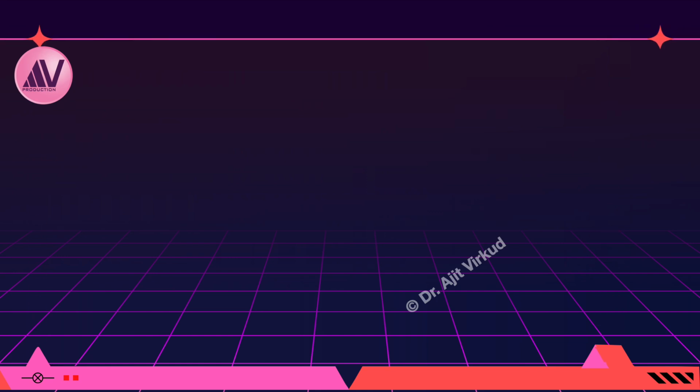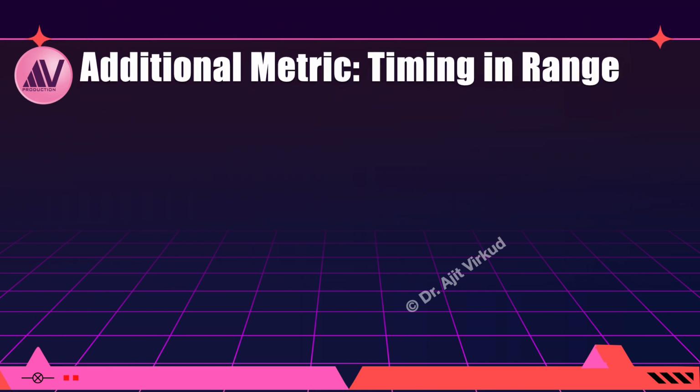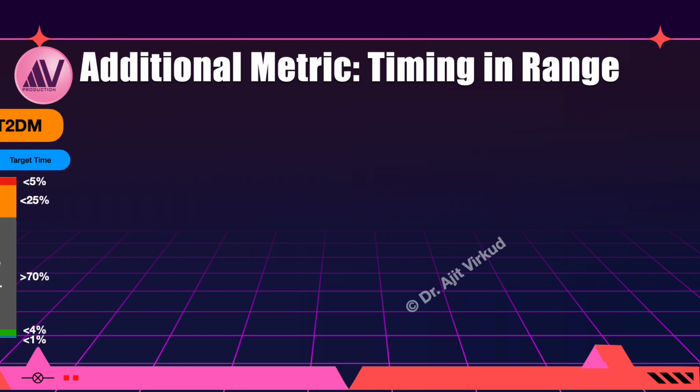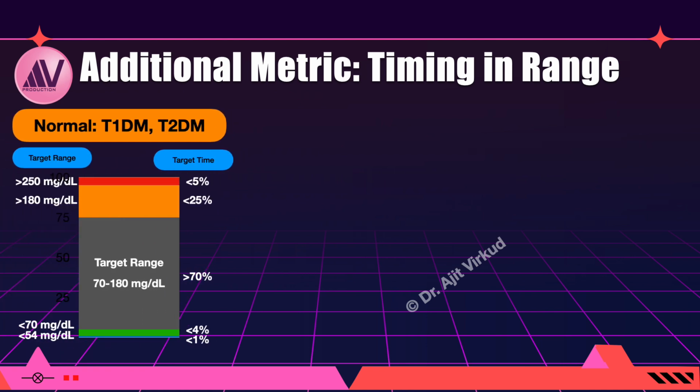Besides the traditional targets, ADA has now added one more metric of time in range that stands for assessing glycemic variability. It is identified from continuous glucose monitoring. It is calculated as for what percentage of time in a day is the plasma glucose level within a target range.